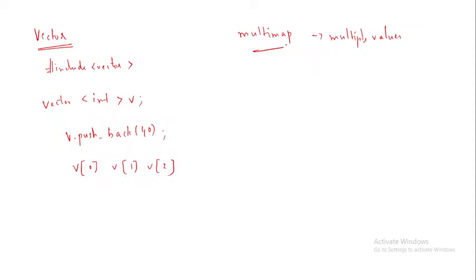So in a multimap a key can have multiple values, whereas in a map a key will have one single value. This is the difference, right? The syntax of using it is similar to that of map. If I want to insert a key-value pair, you can use the insert function with a pair of the key as well as the value. And finally, in order to print all the values, you can make use of an iterator to iterate from the first value till the last value, where you will be able to print all the values.